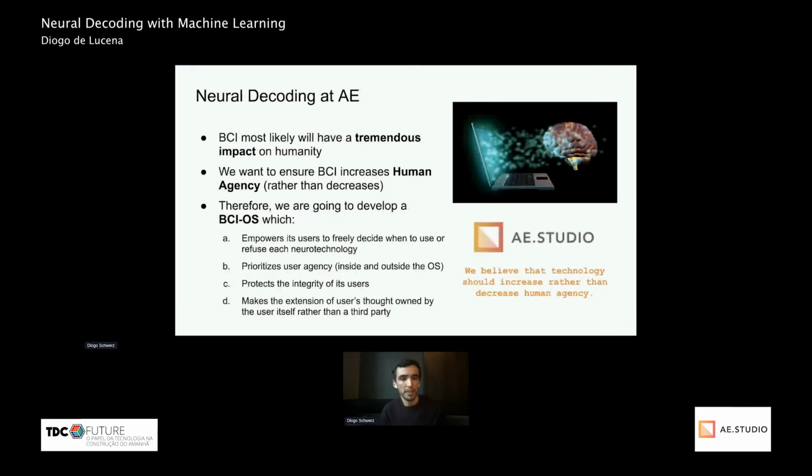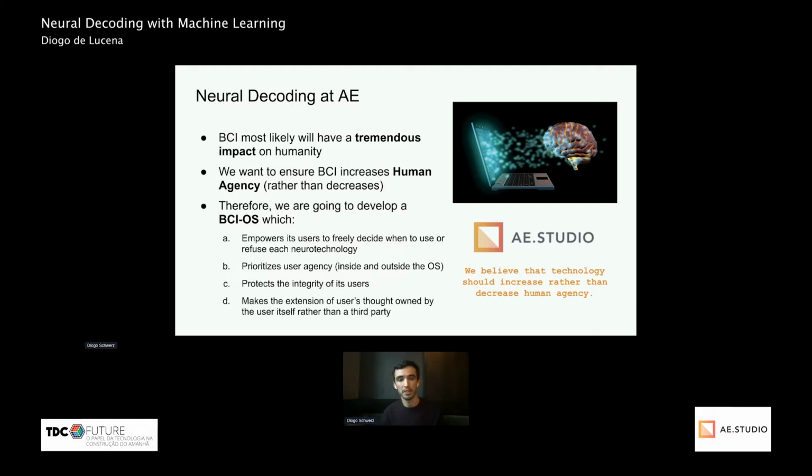But why are we doing this at AE? We really think that BCI may be the primary method of communication in a few years between people. We think it has so much impact in humanity for different applications, both communication, but also now it's mostly focused on trying to regain movement for people that have some sort of impairment. So it's in its infancy, but it's really powerful, and it's pretty clear already.